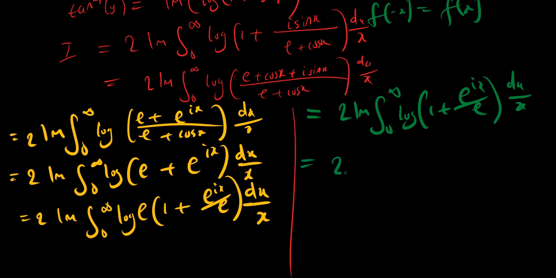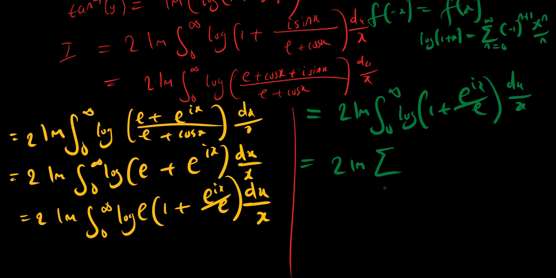Now this will be twice the imaginary part of the sum, because we know for sure that the logarithm of 1 plus x is the sum as n runs from 0 to infinity of (-1)^(n+1) x^n over n.